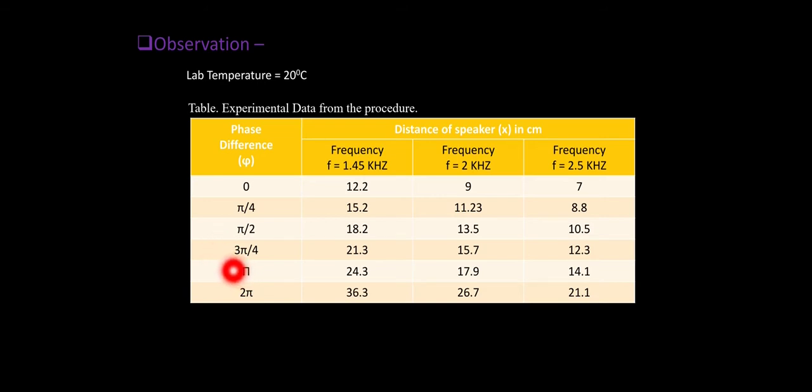Then the straight line, which is the 90 degree rotated straight line, and then again the same pattern. When the frequency is 1.45 kilohertz, we get this position of the microphone, the speaker used as microphone. For 2 it is this, for 2.5 this.